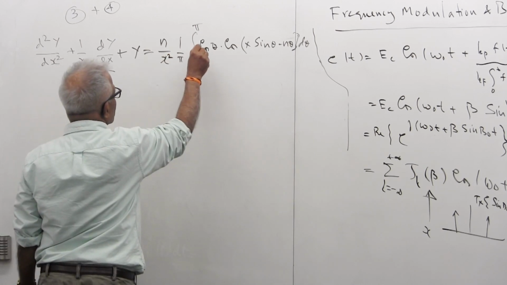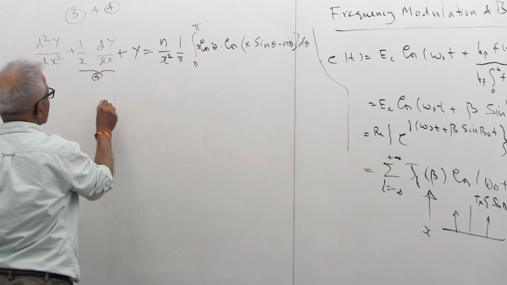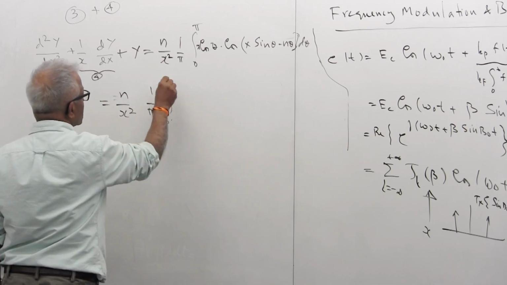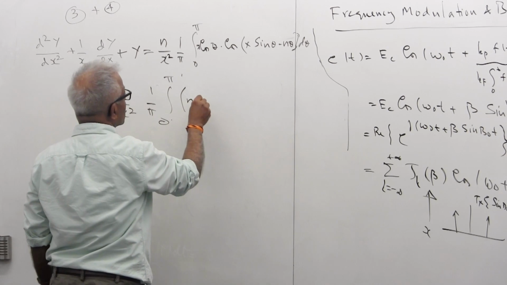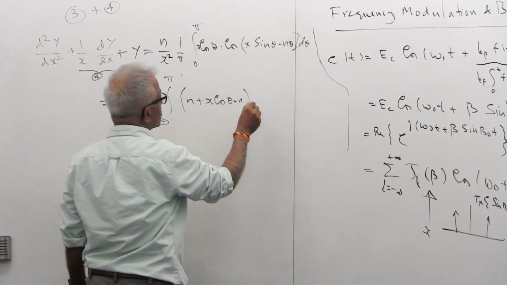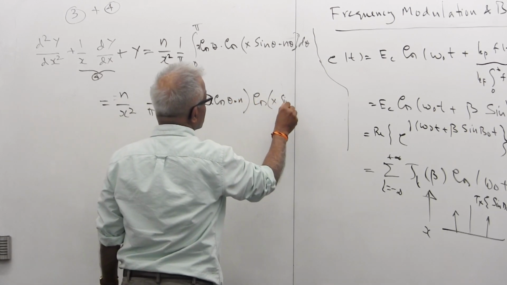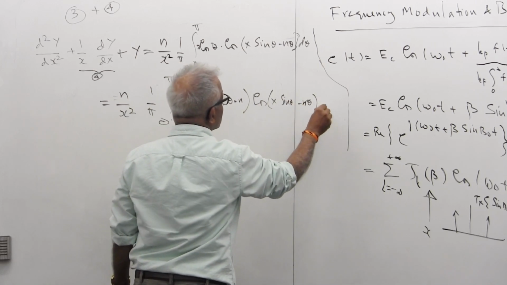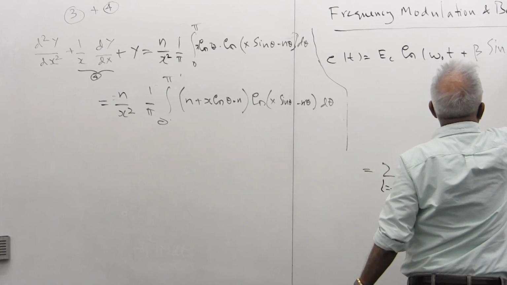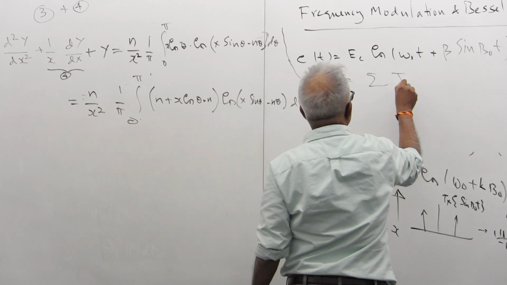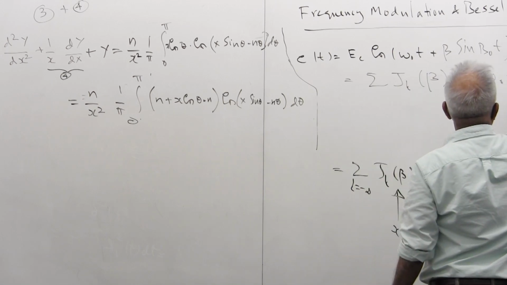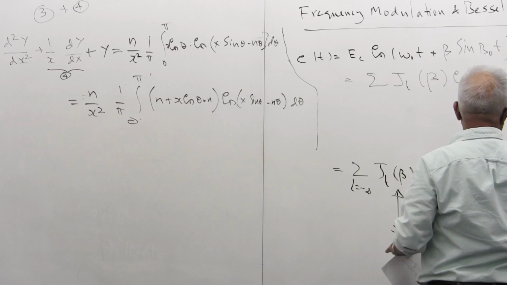All I have to do is multiply by an x. So I'm going to write the right side as n over x squared, 1 over pi. Alright, so that's the FM.